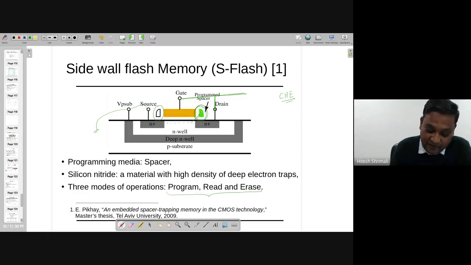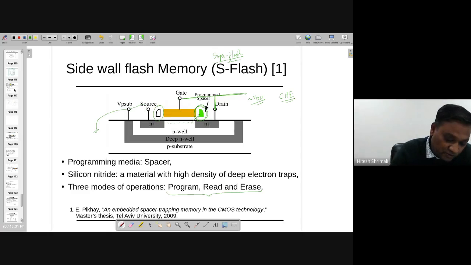So here you can program it even with a value which is around VDD. You don't need a very high value like in the case of the floating gate we were doing here, because of the sidewall flash, which is a super flash only, right? Because of that, it's also known as super flash. This structure has a direct connection of gate with the channel.